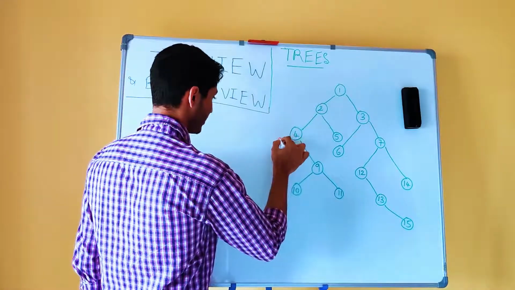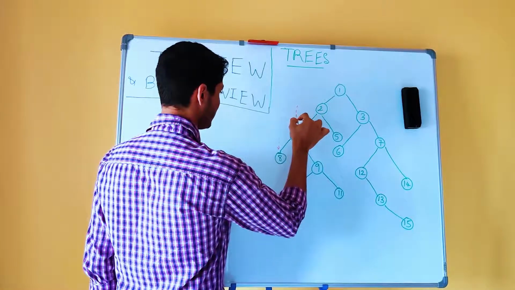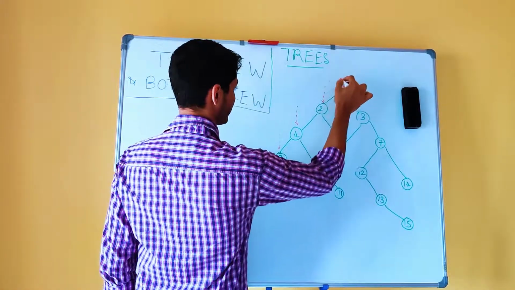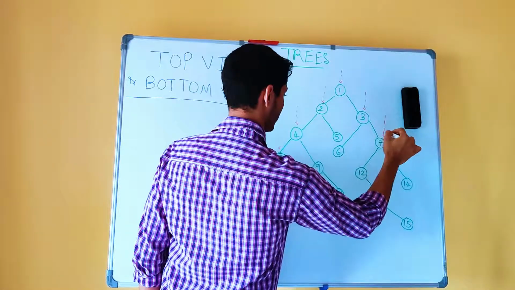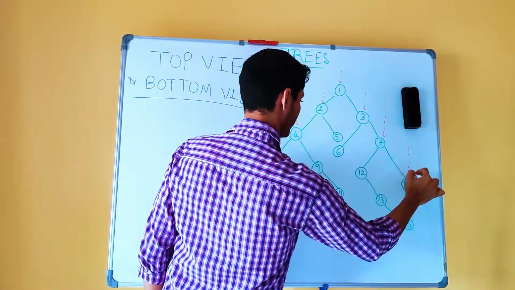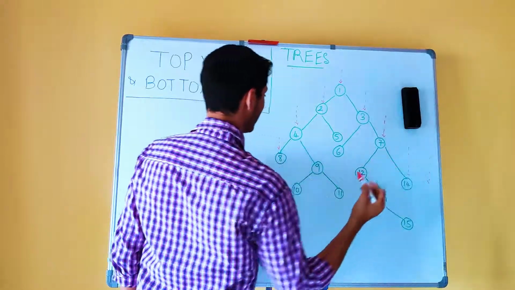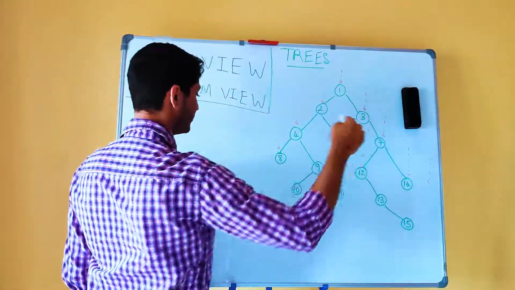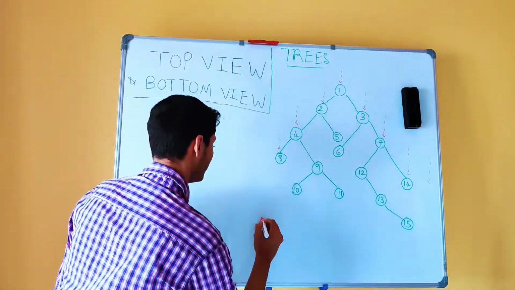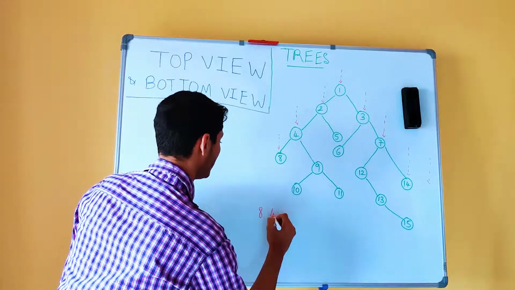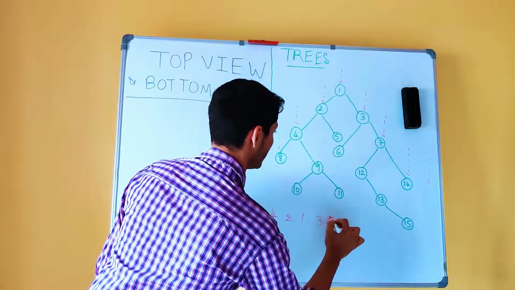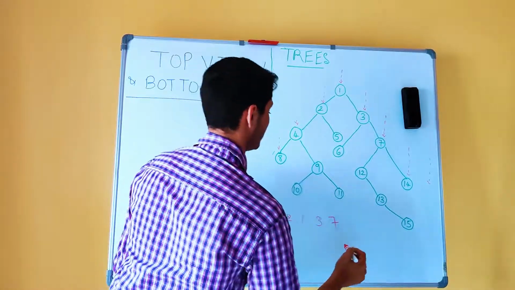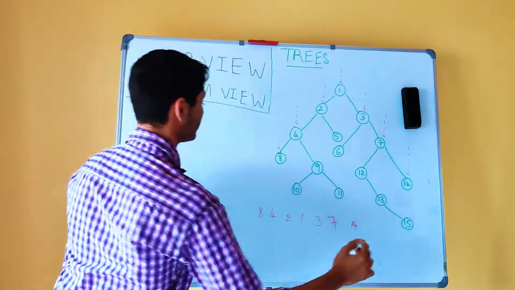So if I draw a line like this, this will be the top view. The top view would be 8, 4, 2, 1, 3, 7 and 14. This is the top view.